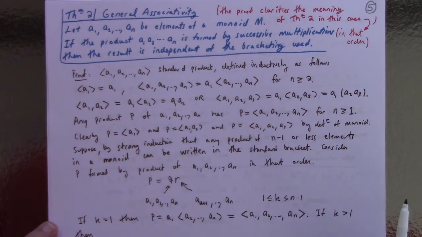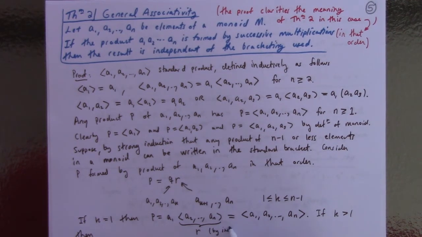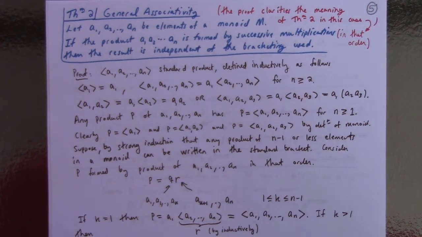what do we have? Now, by the way, I should emphasize, how did I know that this can be R? How did I know I can put R into the standard bracket of n minus 1 things? So this is by induction hypothesis that I can rewrite R. If R is not already a standard bracket, then I can rewrite it as a standard bracket by the induction hypothesis because R is formed by the product of n minus 1 things, right?